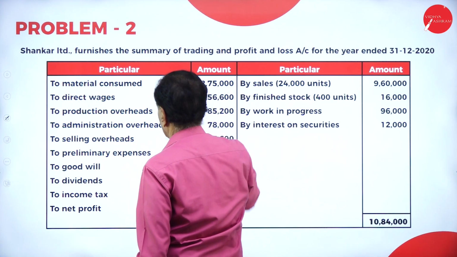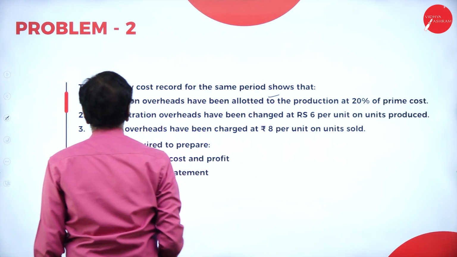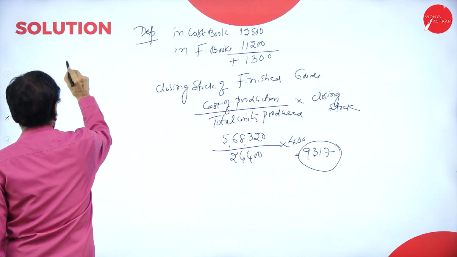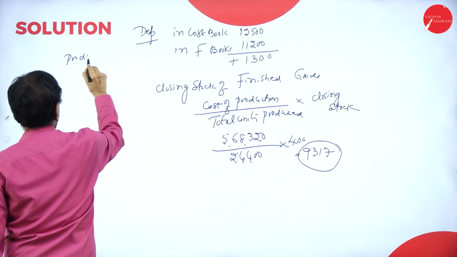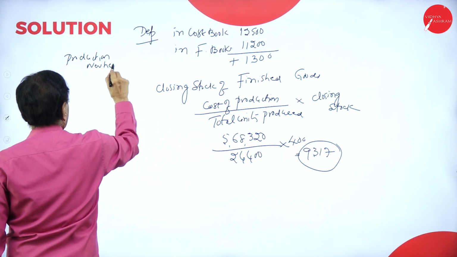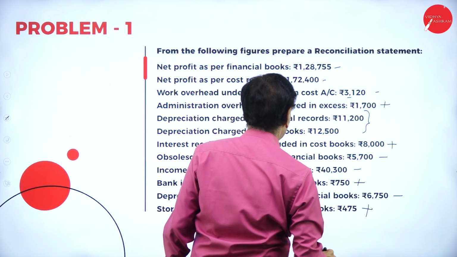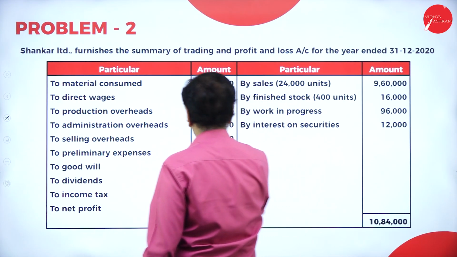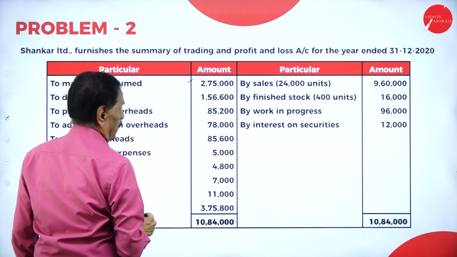Same wages, same income. Production overhead. As per cost record, production overhead 85,200.